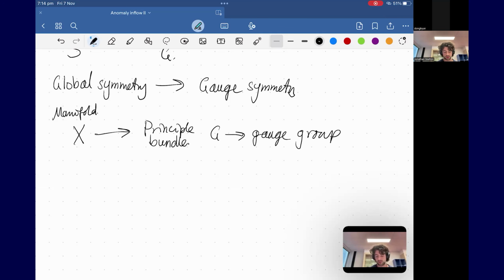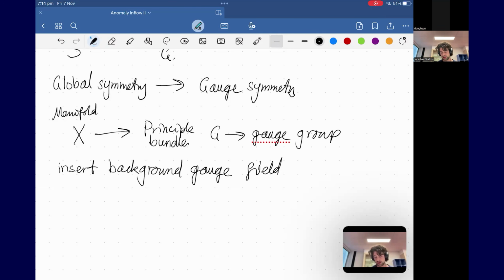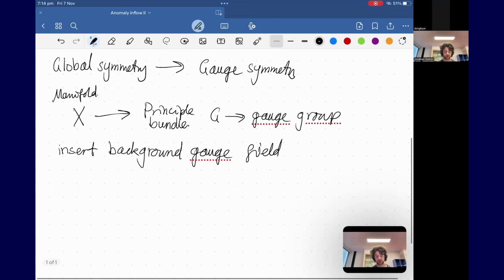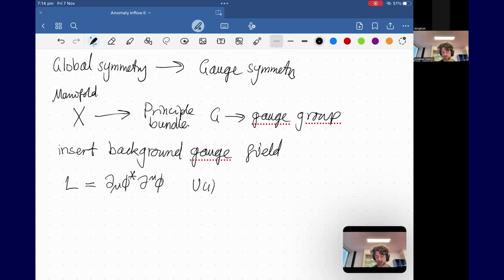So by doing this, we basically insert a background gauge field into the theory. For example, you might just have the normal Lagrangian for a charged scalar field, which has a U(1) symmetry, phi goes to e to the i alpha phi.